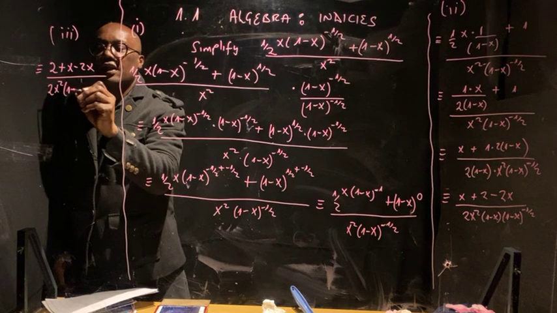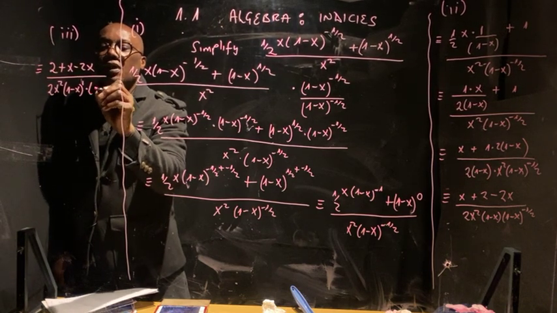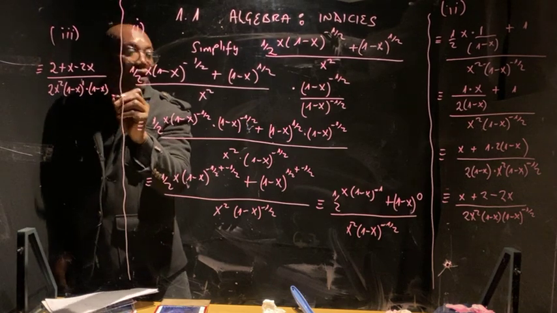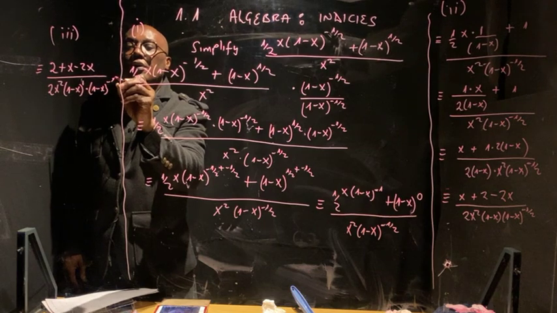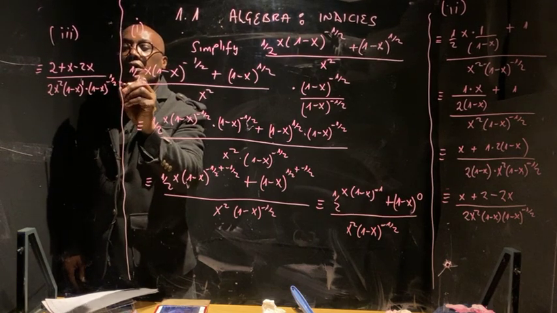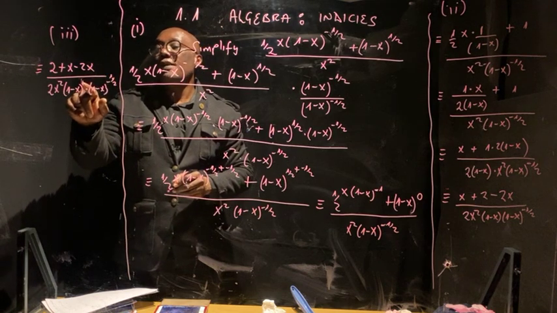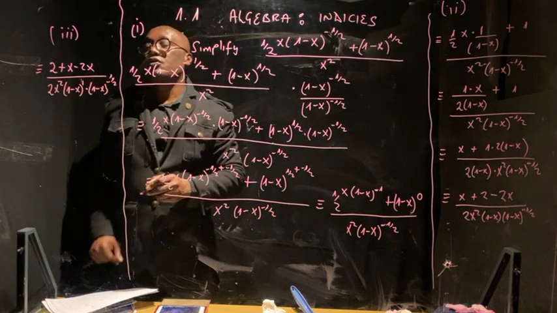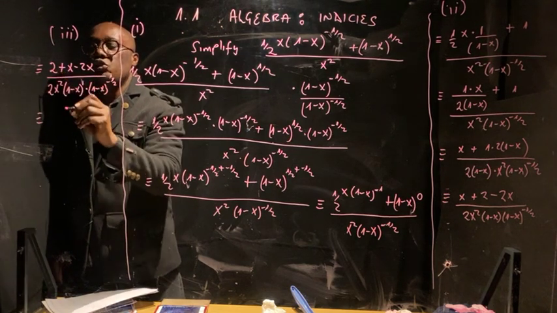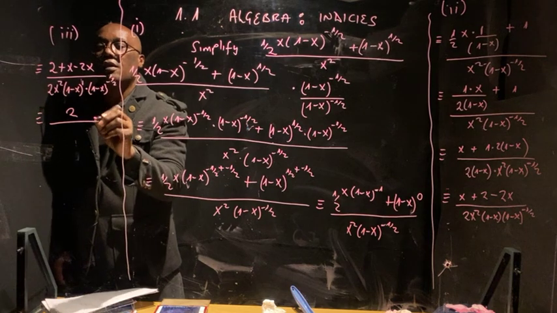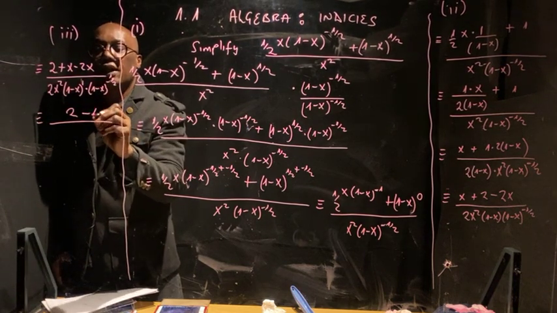1 minus x raised to the power 1 times 1 minus x raised to the power minus half. Law 1 says that 1 plus minus half is equal to half. So you have 2 over x minus 2x, which is equal to minus x.